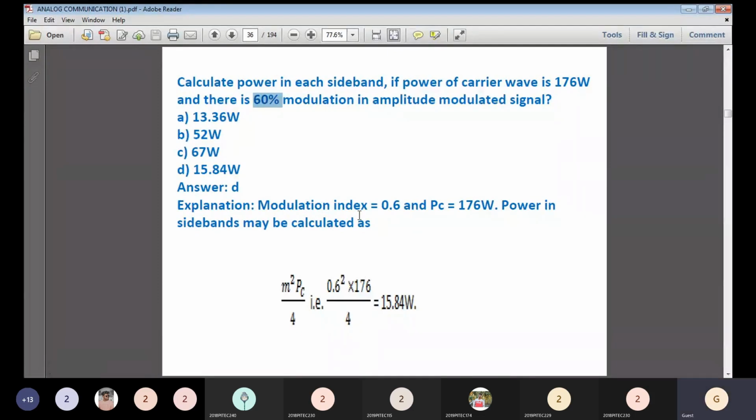Have you tried this problem? Okay, 60%. So what are the parameters given here?